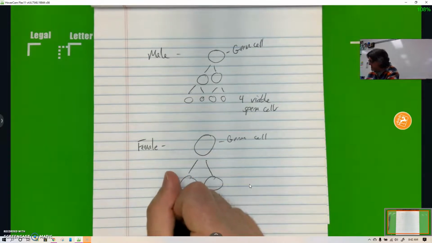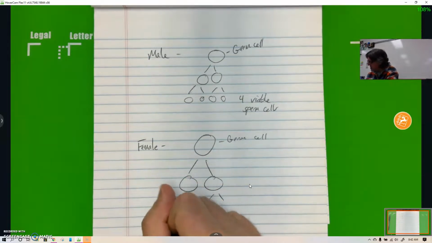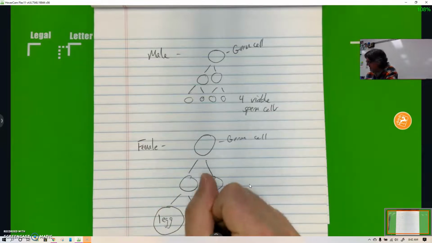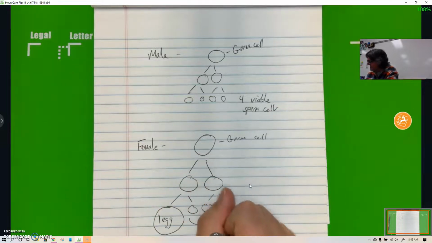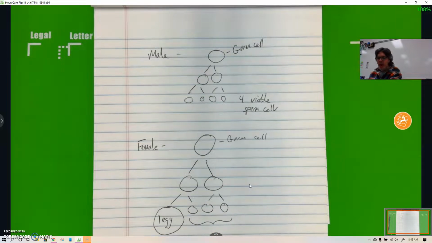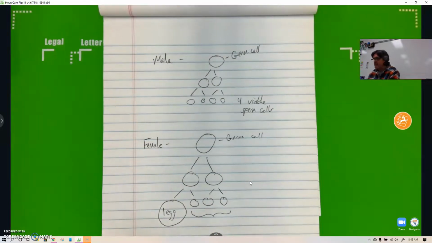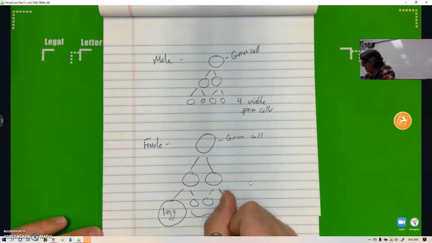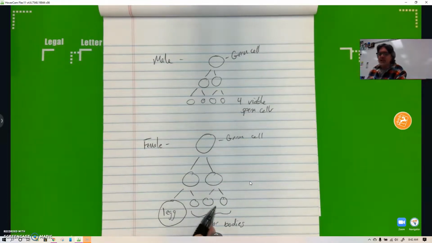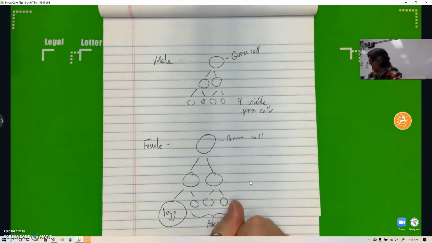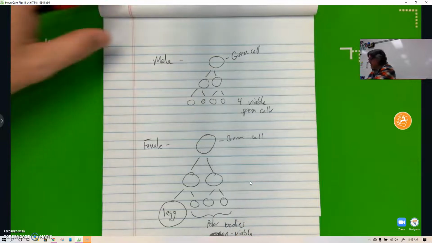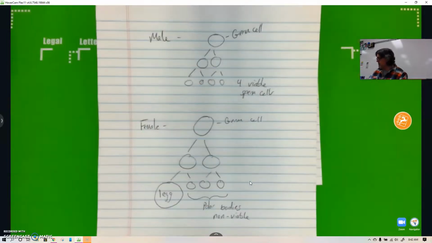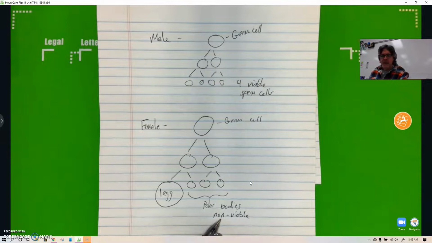So in females, they only produce 1 egg, and then these 3 remaining smaller cells, they have a name. They're called polar bodies. They're basically non-viable. They don't work. They're not going to work as an egg. Okay? Non-viable. They're not going to be fertilized. They're basically, I guess, waste.